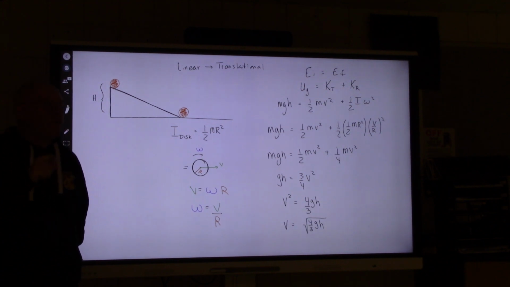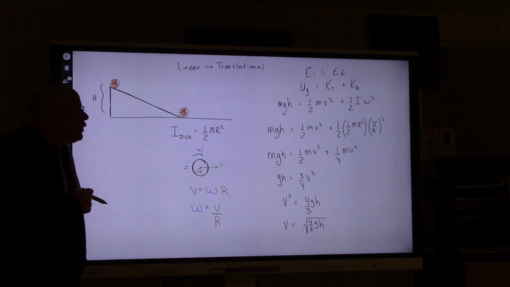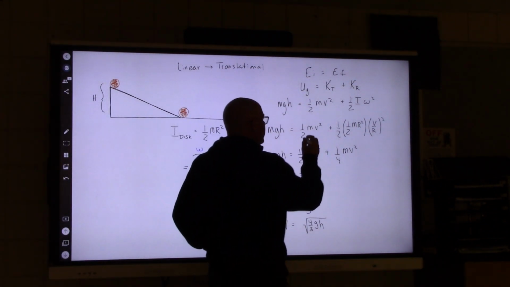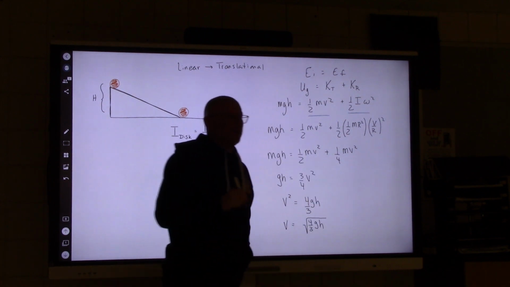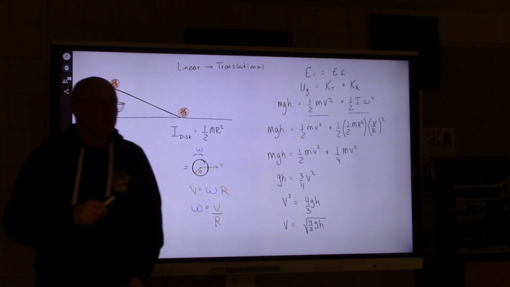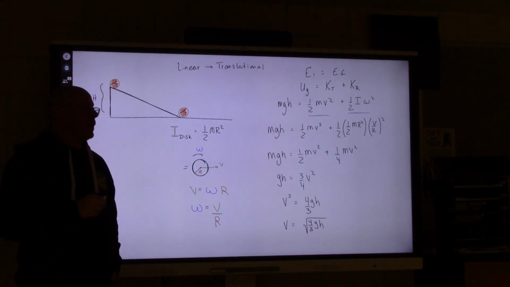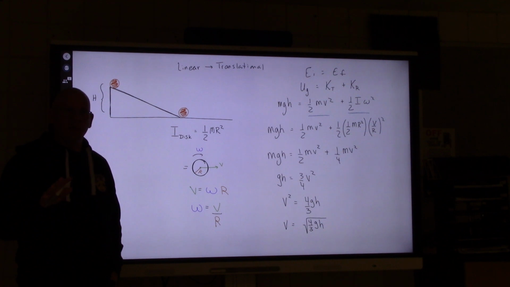And so what you have to do is start with the energy, but you're going to need to consider both the rotational energy and the translational kinetic energy. Is that cool?